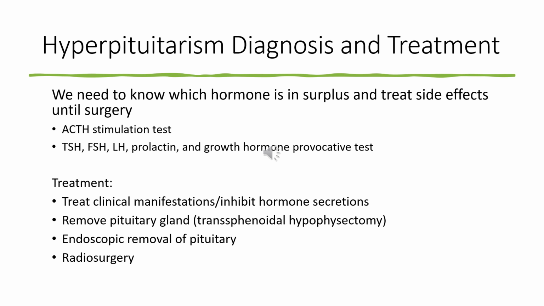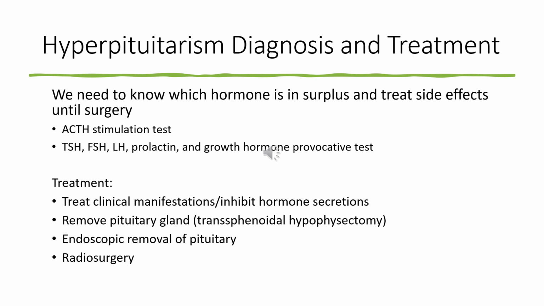It's easy to do, but we're messing with the brain, so it's concerning. They're going to remove possibly the pituitary gland. That's a transsphenoidal hypophysectomy, and this is one where they're going to have to then replace those hormones afterwards.